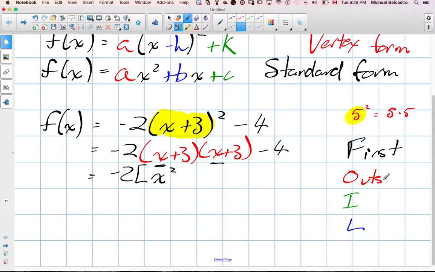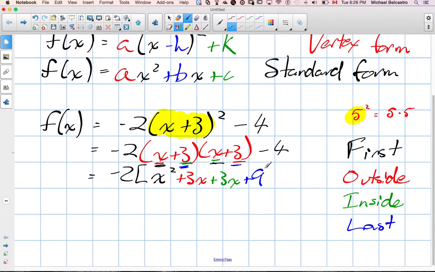Our outside terms would be the very first and the very last term. So x times 3 is 3x. So we've now done our outside terms. Our inside terms would be the 3 and the x in the other one, so the two closest to the middle. 3 times x is still 3x. And then the very last terms in each bracket, that would be 3 times 3, which is 9.